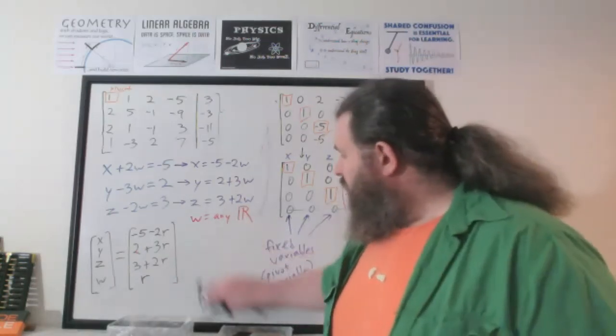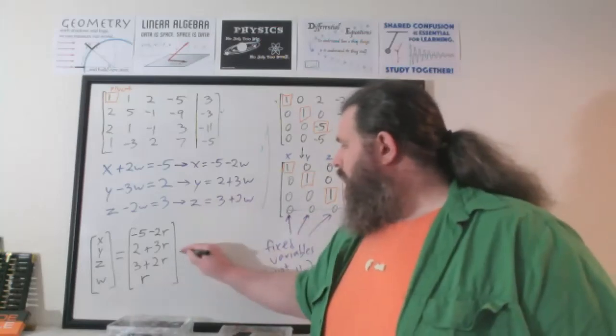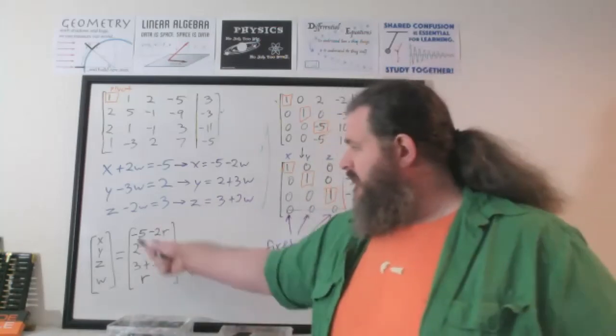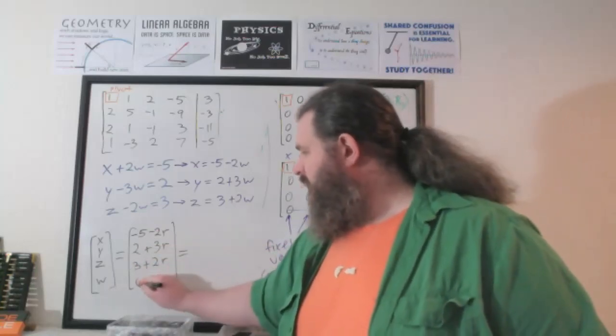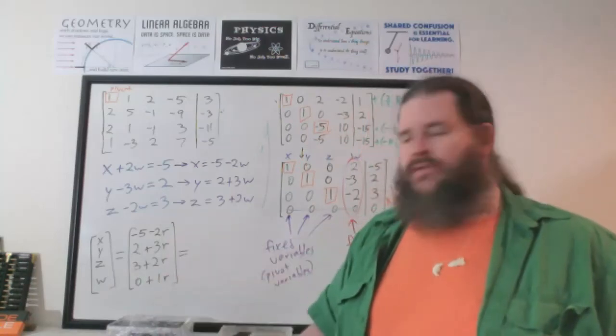But to generalize this, a very useful way of listing all the values at once is to split this format up into the constants, in this case, the -5, 2, 3, and also this r is probably best written as 0 plus 1r, just to make it consistent with all the other formats.